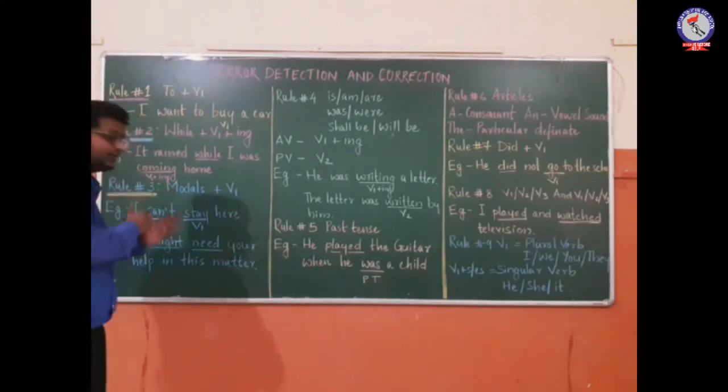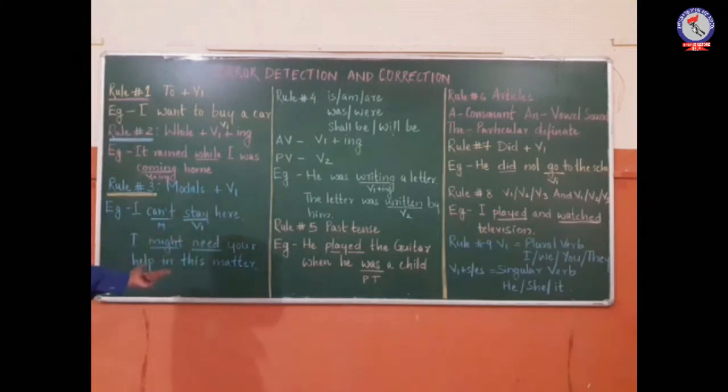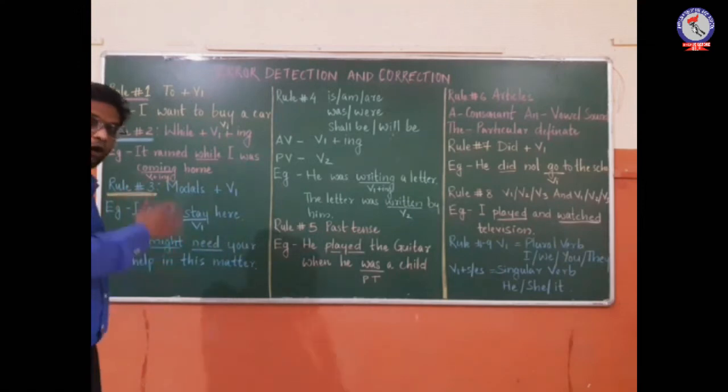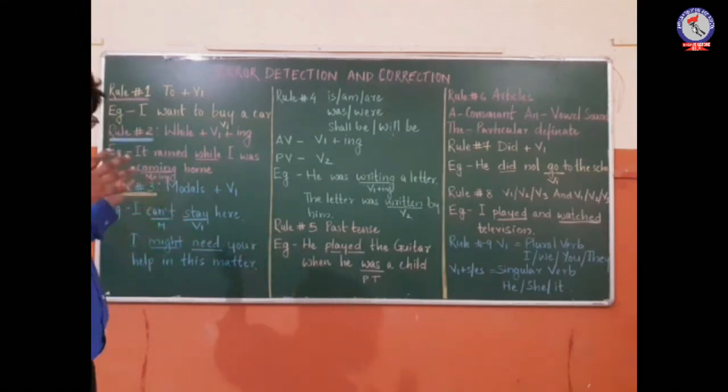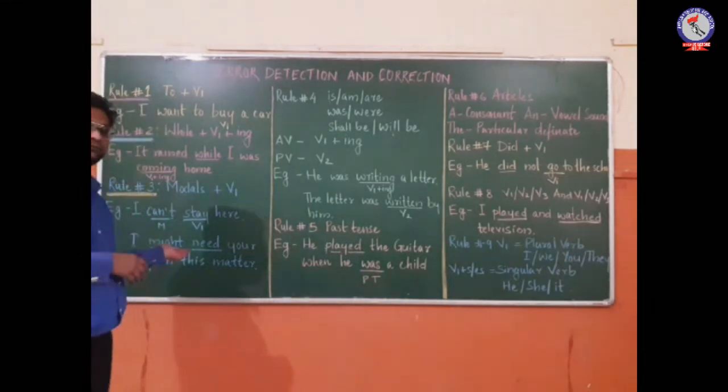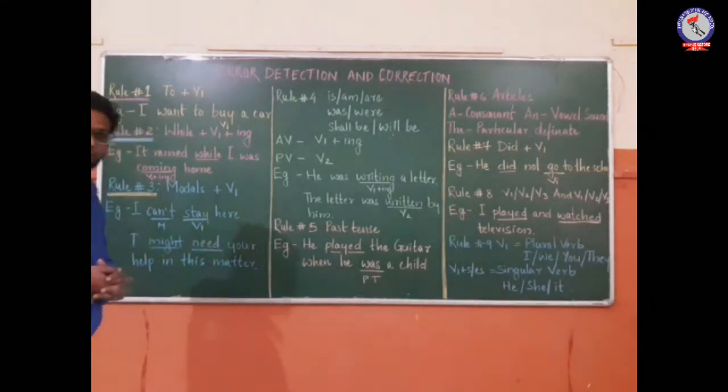Why is it not "needed"? Because the rule is first form of verb. So if you find that with modal, the second form of verb or the third form of verb is used, then there is the error. So we should change that into first form.